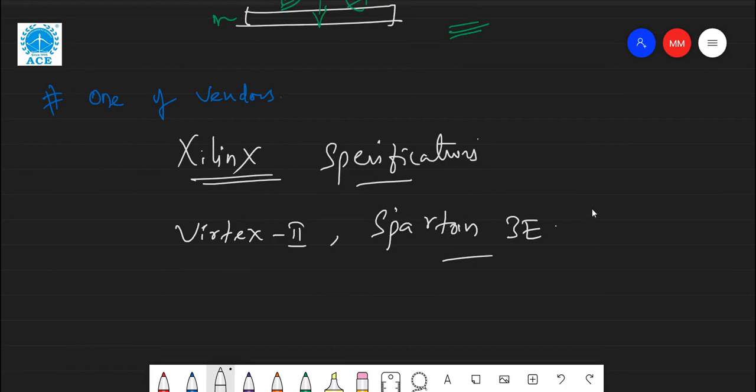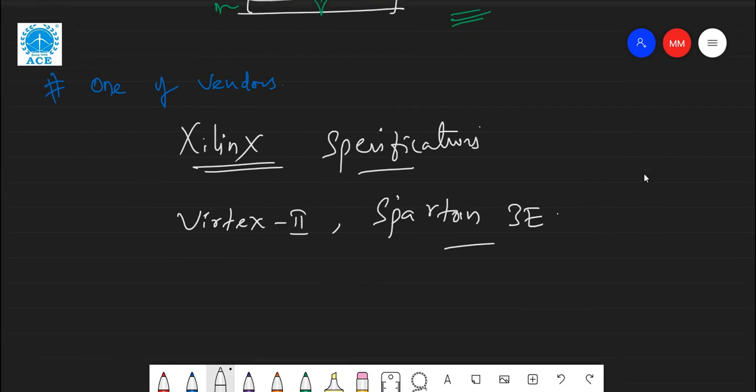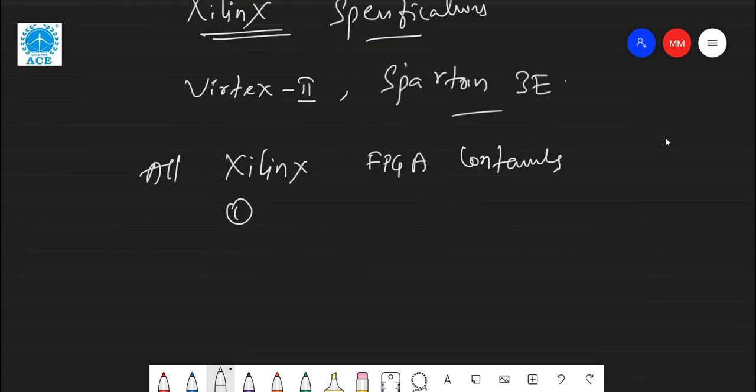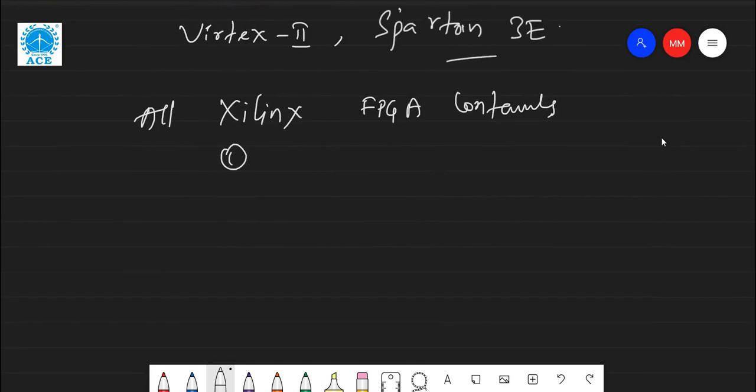Let us see the blocks they contain. All Xilinx FPGAs contain, first, CLB, configurable logic blocks, and IOB, input output blocks.